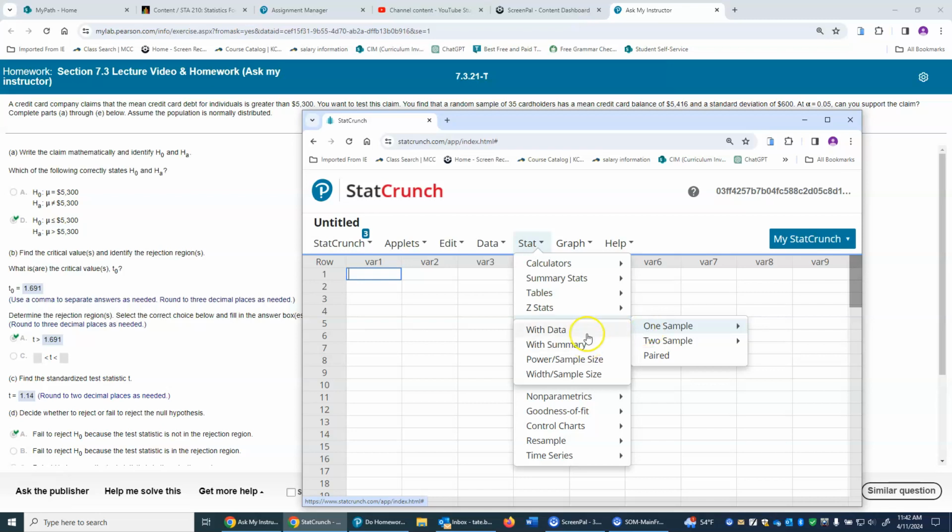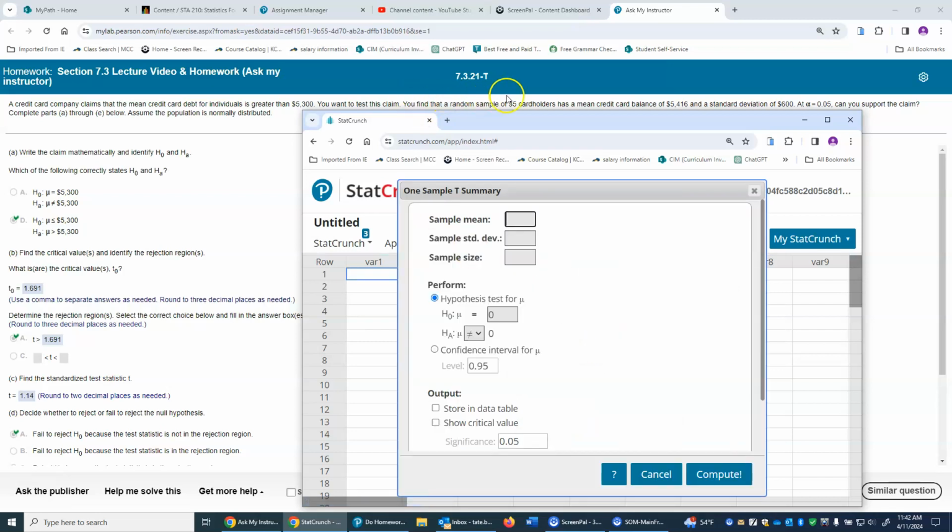If you read the problem, they give you a summary up here. We already said the sample size is 35, and the mean of the sample is 5,416, and the standard deviation is 600. So that's all given to you there.